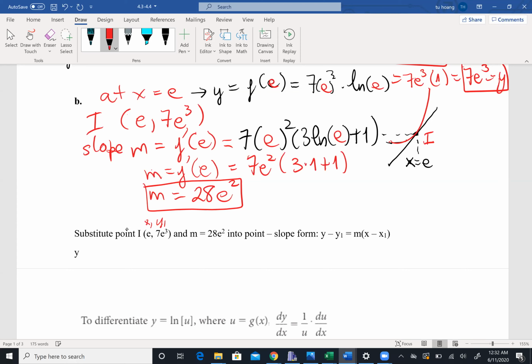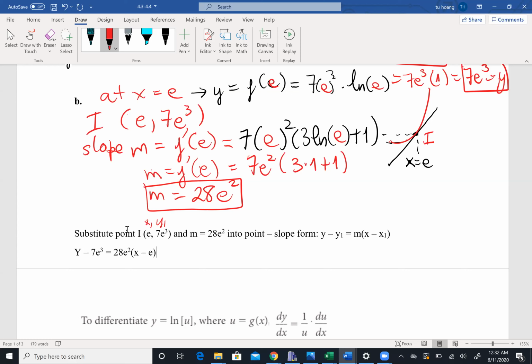So y minus 7e cubed over 3 equal to m, which is 28e squared, times x minus e.